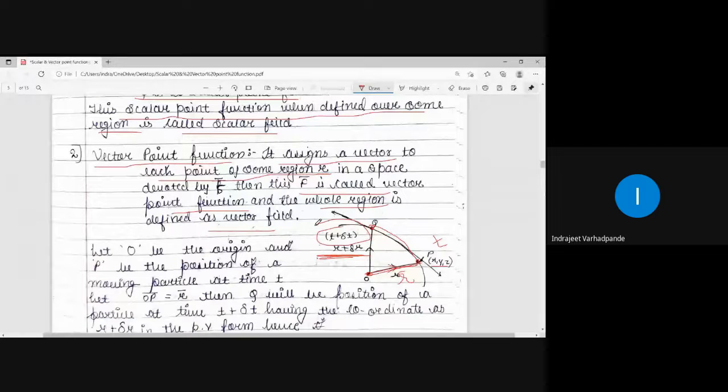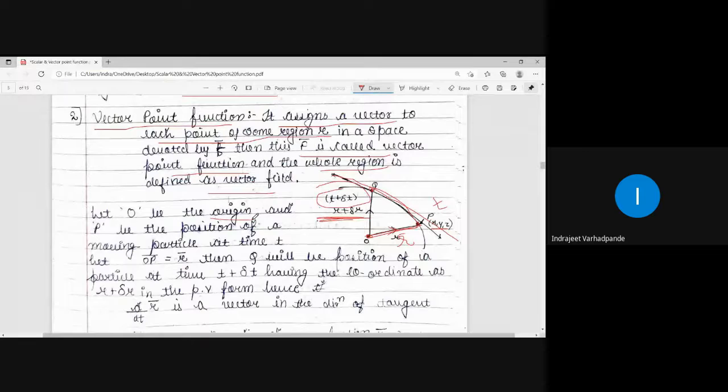Usually the rate of change or the movement is considered with the parameter T, and therefore I consider this particular figure. The tangent to this particular curve will be nothing but the derivative of this position vector. So let O be the origin and P be the position of a moving particle at time t.